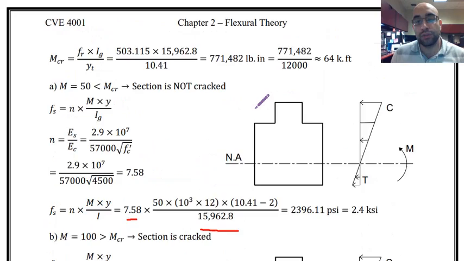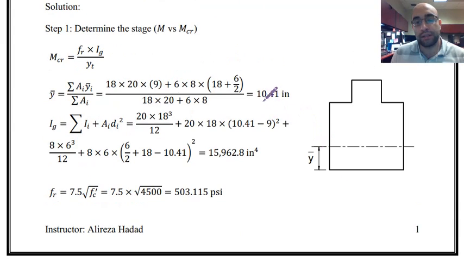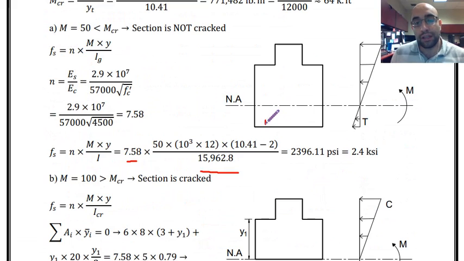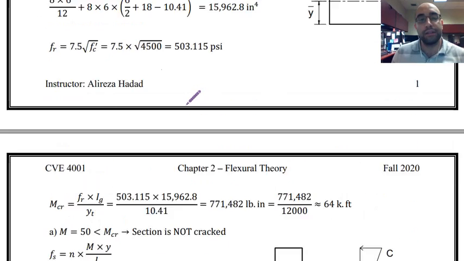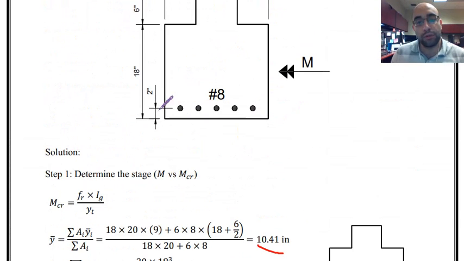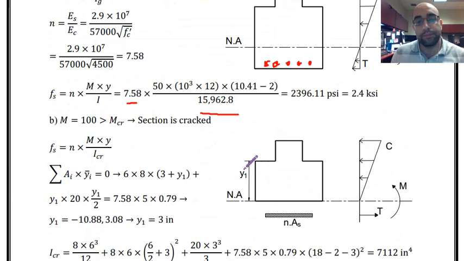We calculated this neutral axis. As you can see, it was located as 10.41 inches from the bottom, but reinforcement is located a little bit higher than the very bottom. And if we look at the configuration of the shape, you can see it is 2 inches from the bottom. So this distance is 10.41 total distance minus the distance that we have from the reinforcement to the bottom.